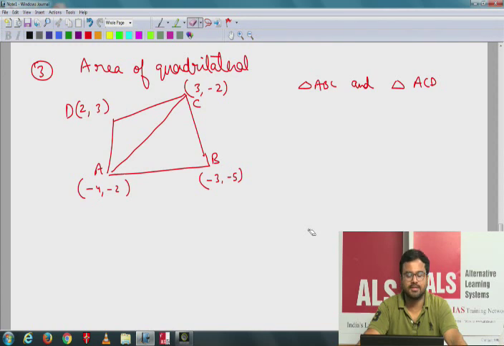CC4, are you getting this? How to do? Okay, okay. Do this. And take care of the calculation, because a little mistake of minus sign will change the entire question.